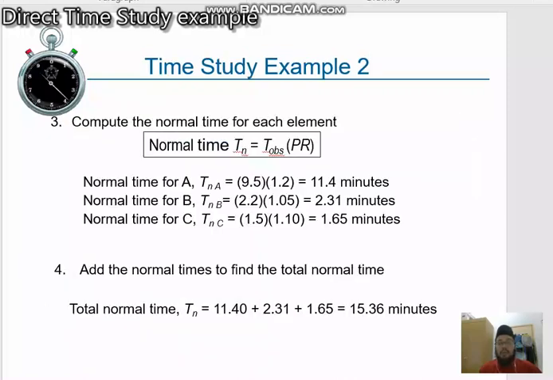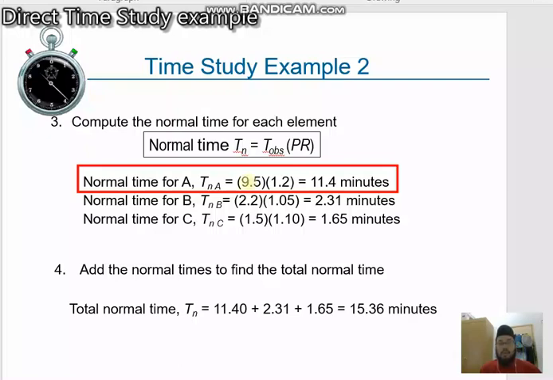So we can see in this calculation, for example, normal time for A: the average observation time 9.5 for element A times the performance rating for element A, 1.2 or 120%. So the normal time for element A is 11.4 minutes, followed by normal time for element B, 2.31 minutes, and normal time for C, 1.65 minutes.